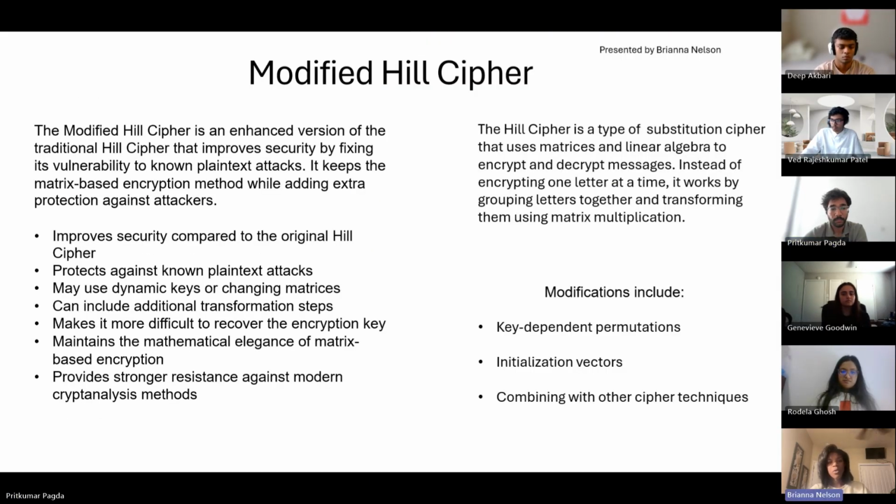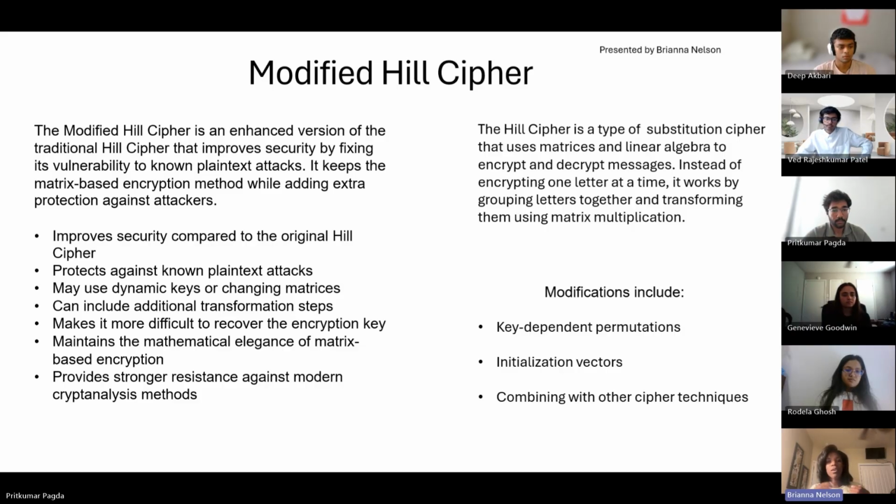So essentially, going into more detail about the modified Hill cipher, it is an enhanced version of the traditional Hill cipher, which we learned about earlier in the presentation, about encrypting and decrypting messages. Instead of encrypting each letter individually, we group the letters together and transform them using matrix multiplication.